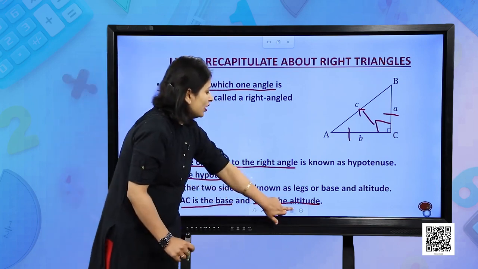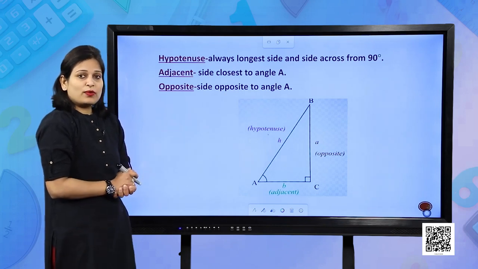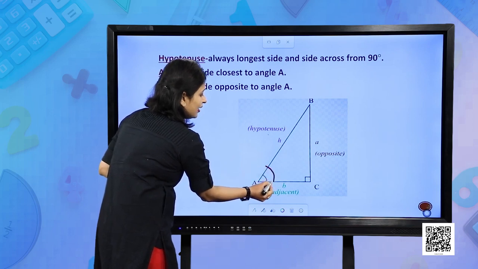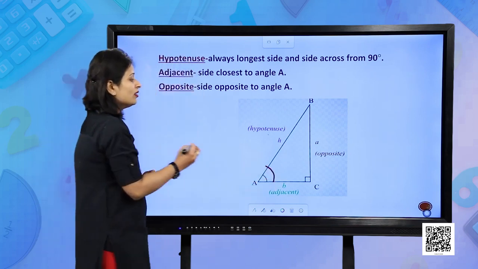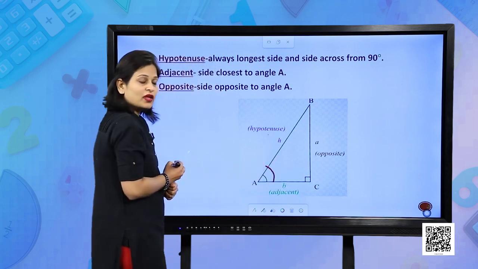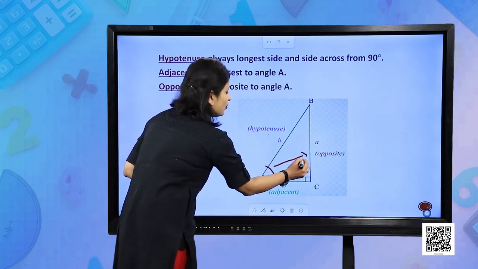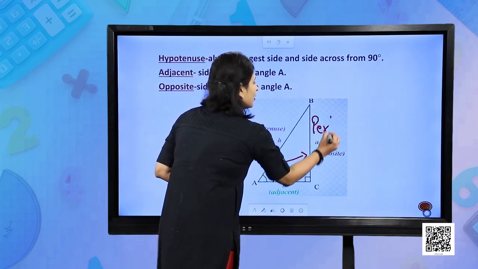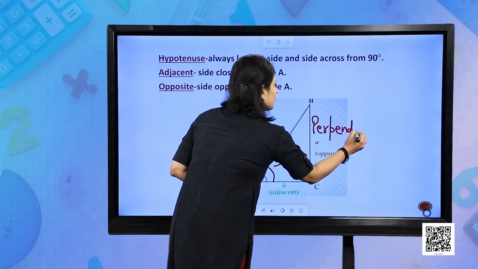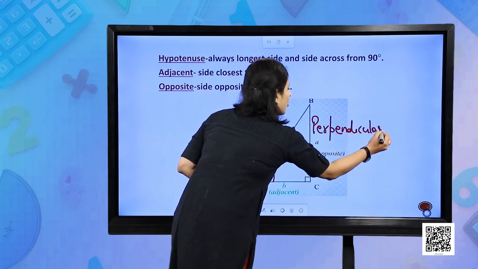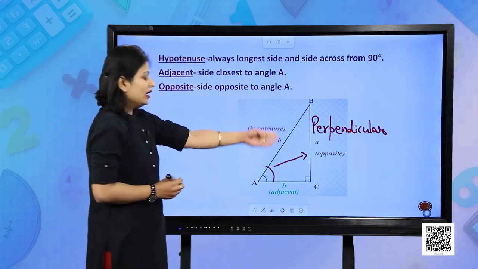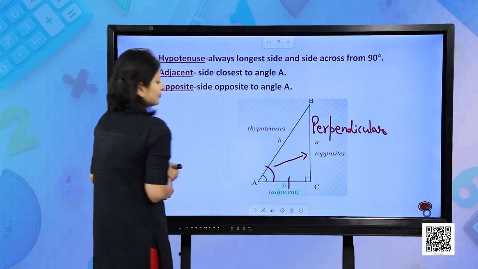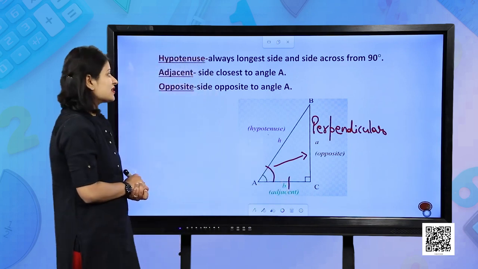Now, this was with respect to angle C. If I consider angle A, side BC is opposite to angle A, or we can say it is called the perpendicular. You can also say BC is the altitude. What about side AC? AC is called the adjacent side.